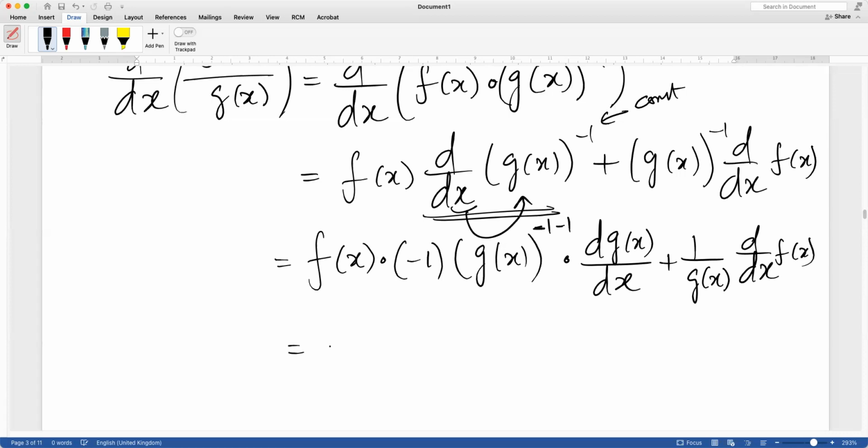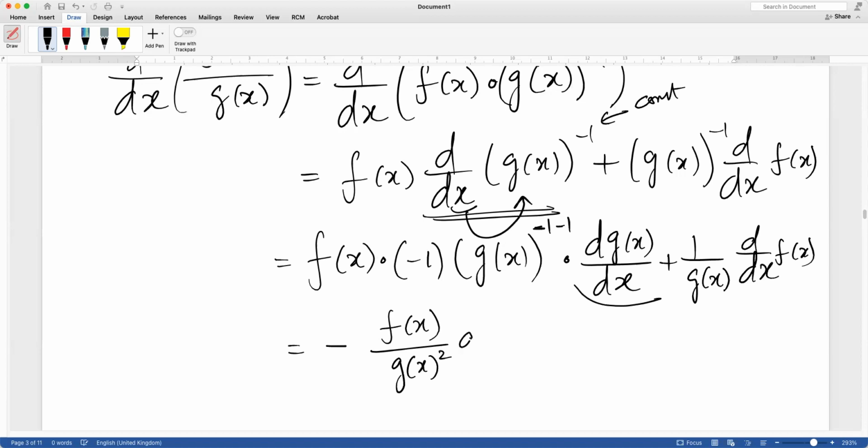So now this will become minus f of x over g of x whole squared, and then we are going to have g prime.